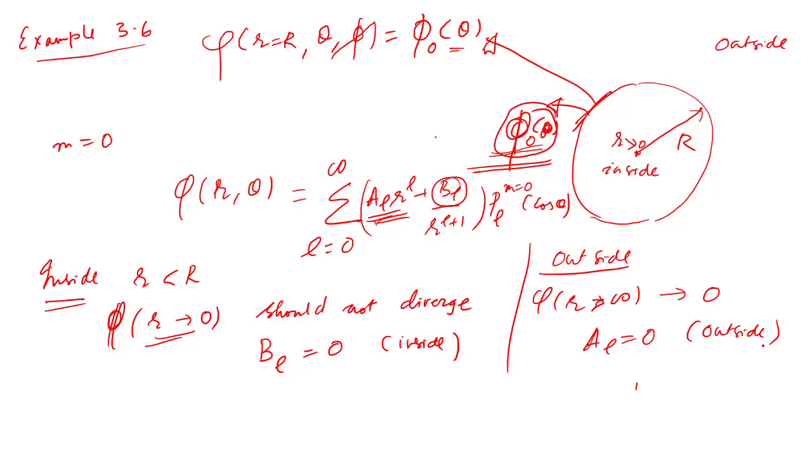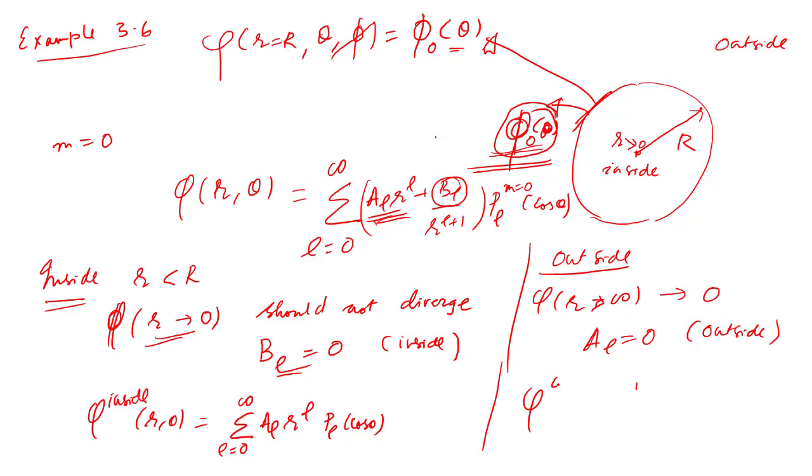Now we can look at what the potential should be on the surface. If I look at the potential inside, that would look like the sum over L equals 0 to infinity of A_L r to the power L P_L of cosine theta, because we set B_L equal to 0.